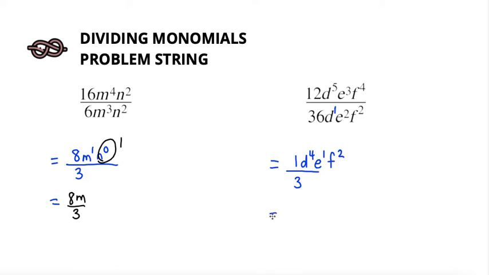So if I want to, I can rewrite this so that instead of having a 1 at the top now, because this 1 is being multiplied by everything in the numerator of my fraction, I could just write this as D to the exponent 4, E, because I don't need to write that 1 if I don't want to, and then F squared over 3.